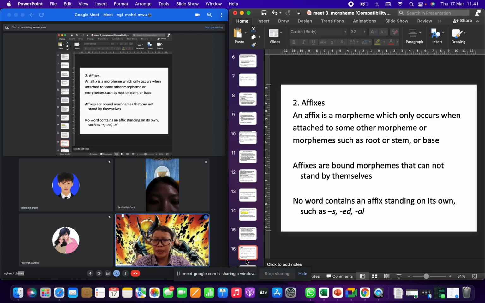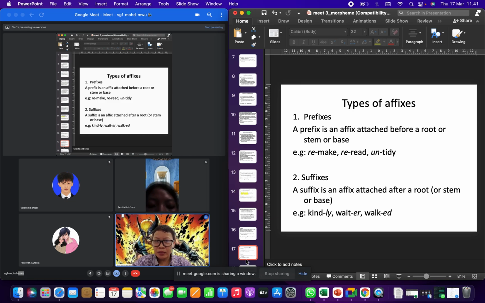Affix occurs as a bound morpheme that should be attached to the free morpheme and cannot stand by itself. We understand that no word contains an affix standing on its own, such as affix s, affix ed, affix er, affix ation, or affix ly. They never stand on their own.